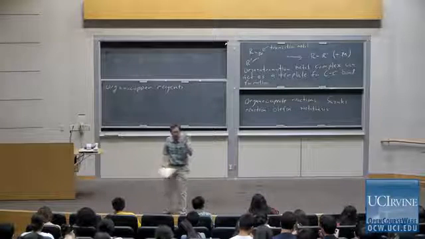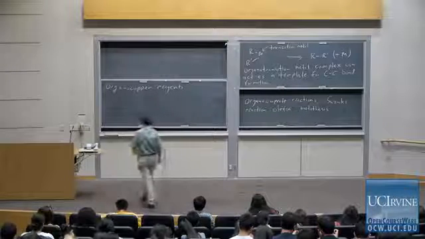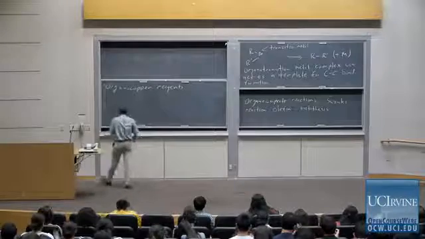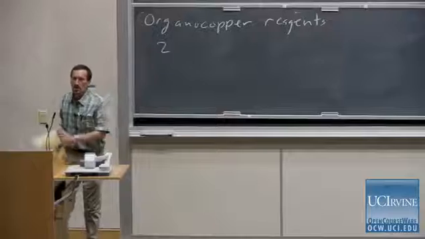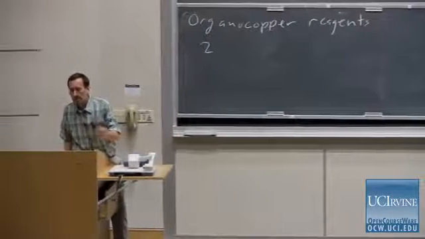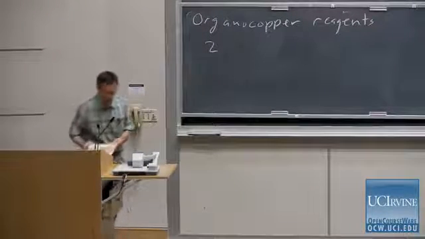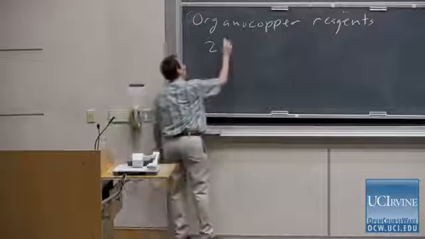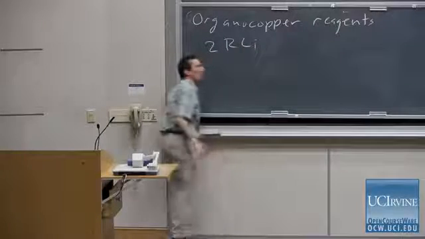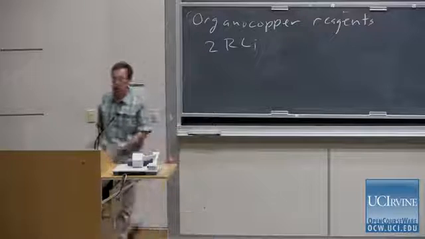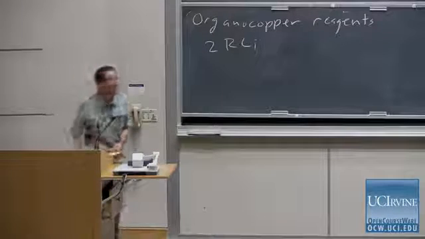So we learned, and I'll just write what I wrote in chapter 20, that we could form organocopper reagents from reacting an organolithium compound with a cuprous salt. Copper iodide is the salt. Cuprous iodide, copper 1 iodide, is the salt you learned about in your textbook, and that's fine.